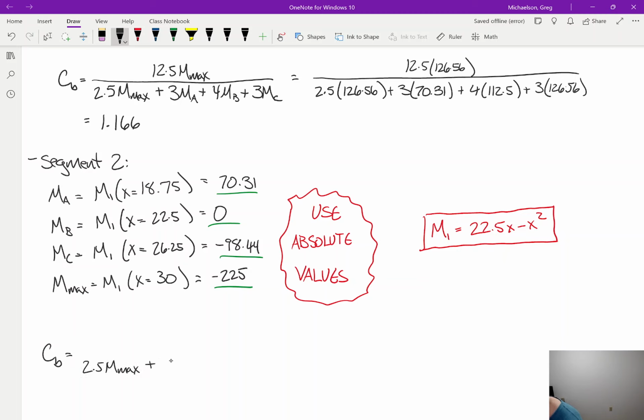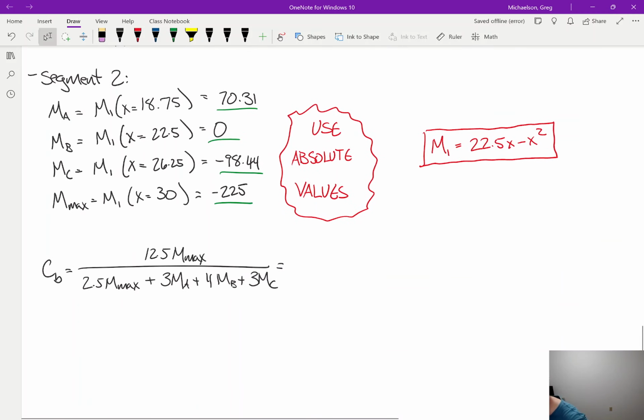So let's go ahead and just do it formally. Okay, so let me scroll up a little bit so I've got a little more room to write.